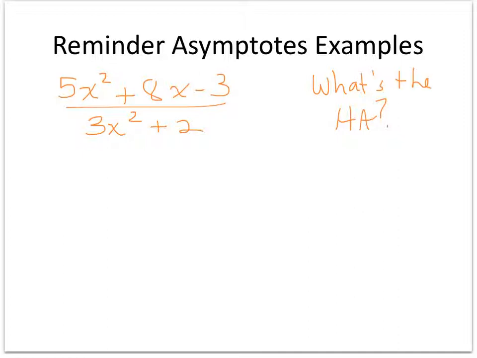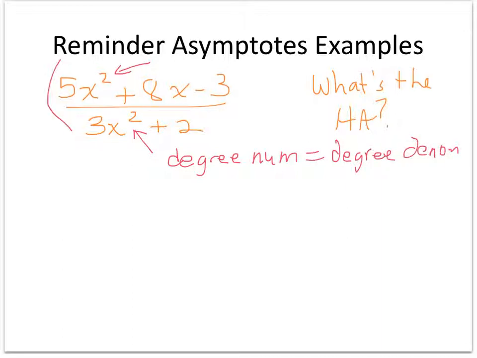You just go to the other side, so 5/3. So when the degrees are the same, so the degree of the numerator equals the degree of the denominator, you simply take those coefficients, and so your horizontal asymptote equals 5/3.